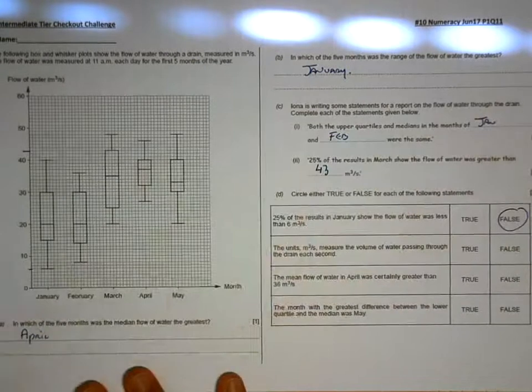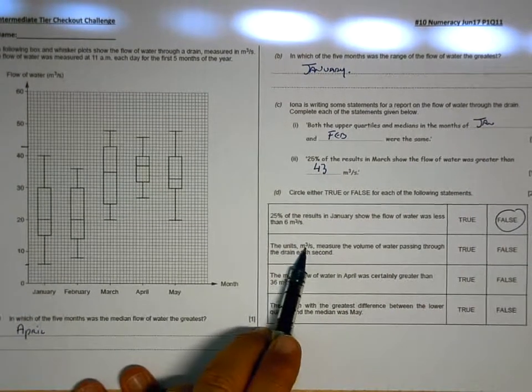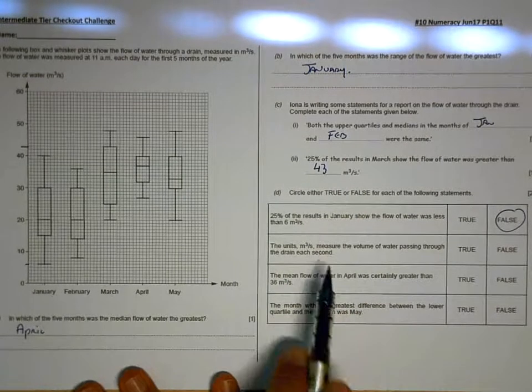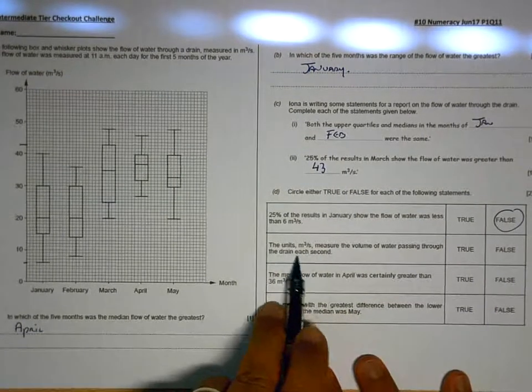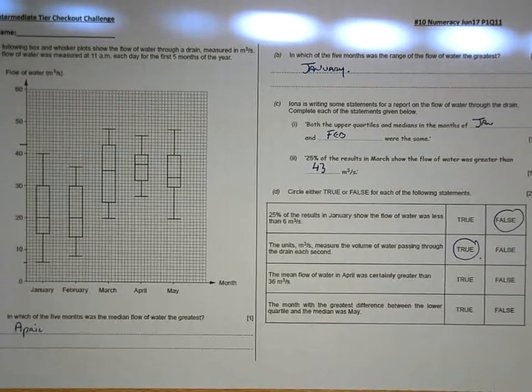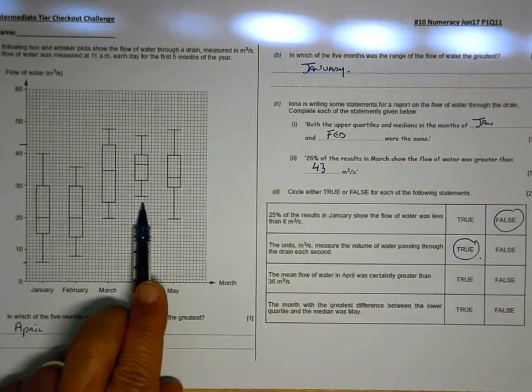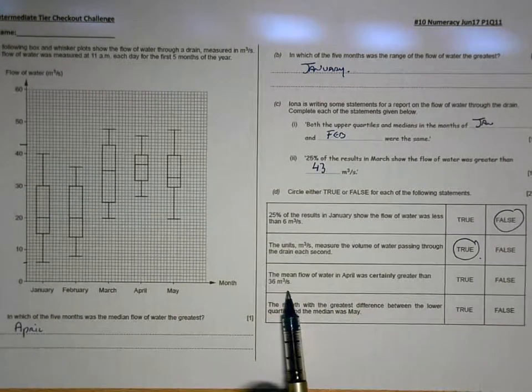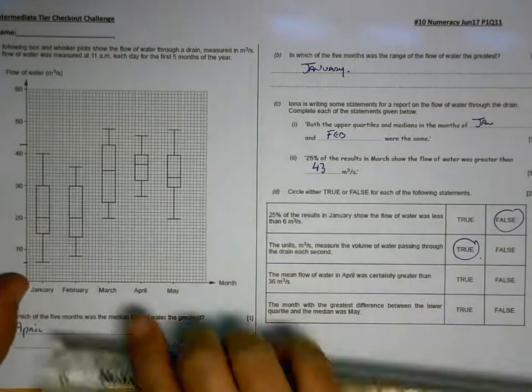So that's false. The units, cubic meters per second, measure the volume of water passing through the drain each second. Well, that's true. Cubic meters is volume. The mean flow of water in April, so we're looking at this one, was certainly greater than 36 cubic meters.